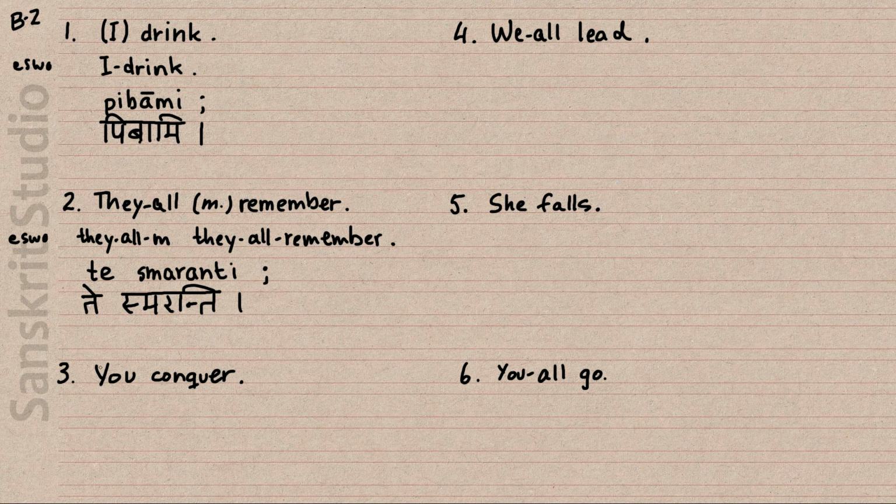Number 3, you conquer. And we have a clean pronoun here, so we're not hiding it with our bracketing. And it's singular. It's not you all, and it's not you two, but it's just you. So we read it as singular, you, and you conquer.